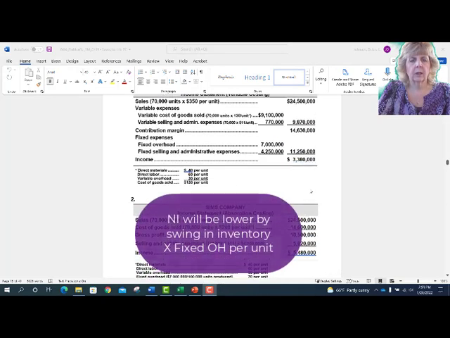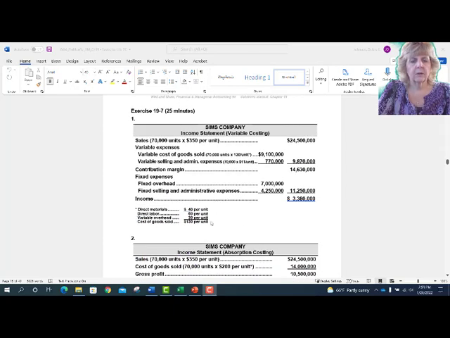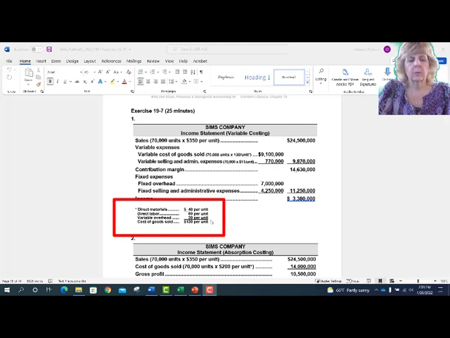You should have predicted what the variable cost statement would look like based on the swing in inventory. Let's go take a look at that one. In this case, the product cost using variable costing is comprised of just the variable product cost. So the same direct materials and labor, but only the variable overhead. So once again, you'll see the same amount of sales. You'll see the variable cost of goods sold was computed by taking the 70,000 units times that $130 per unit.